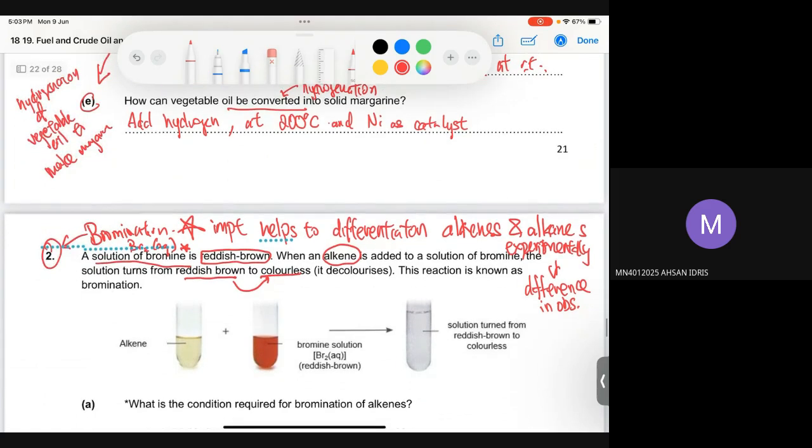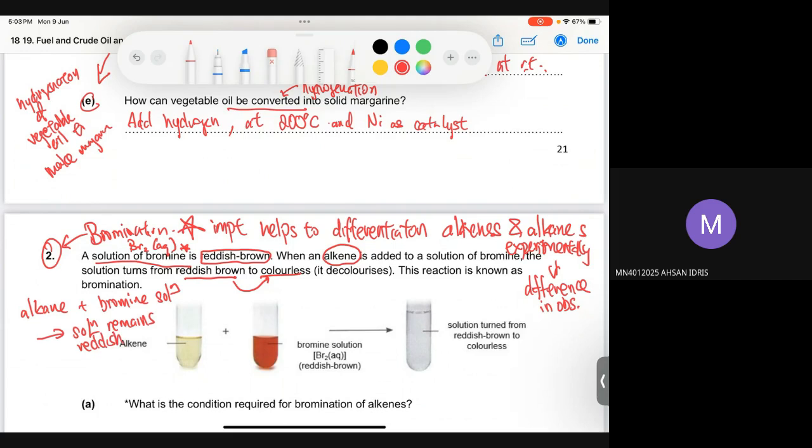This reaction is known as bromination. Then of course, the question is, you tell me you can differentiate, then what if I add alkane? If I have alkane added to my bromine solution, the solution remains reddish brown.